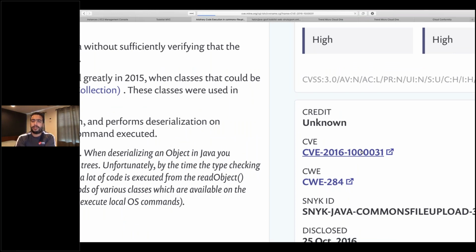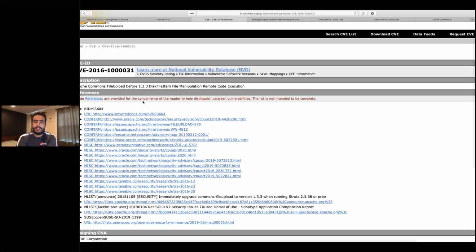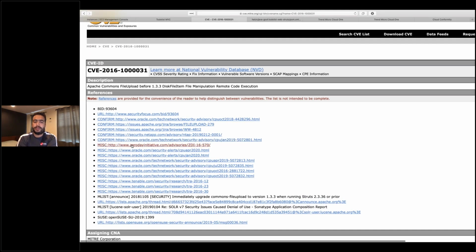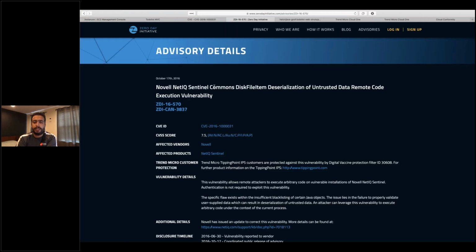This helps me to refer to a common industry vulnerabilities and exposures database. And when I look at the disclosure and references, I see that the Trend Micro Zero Day Initiative also has an entry about this vulnerability.